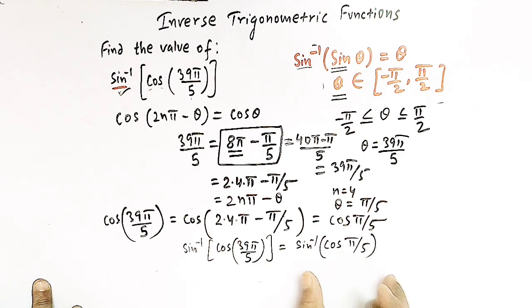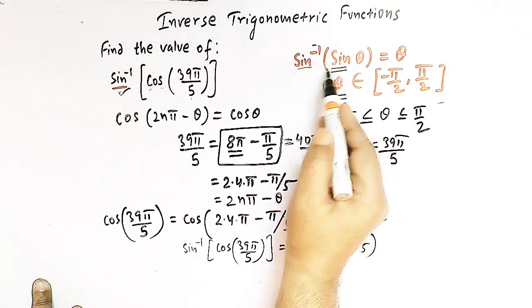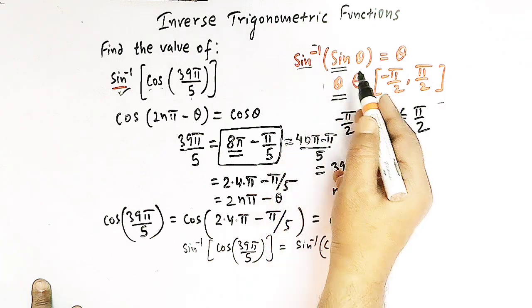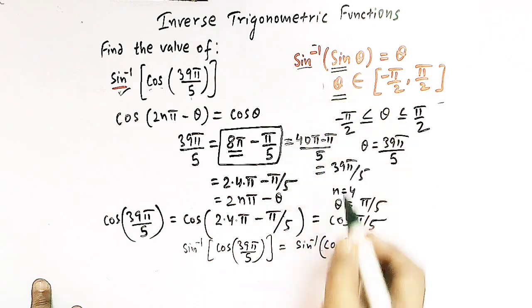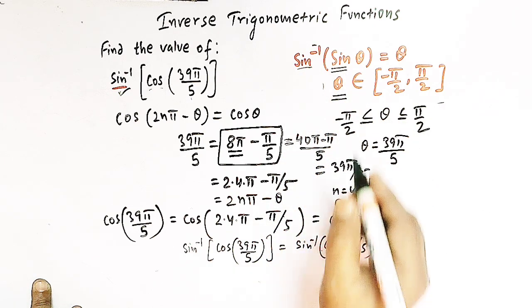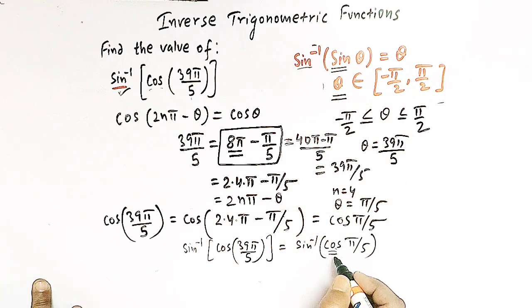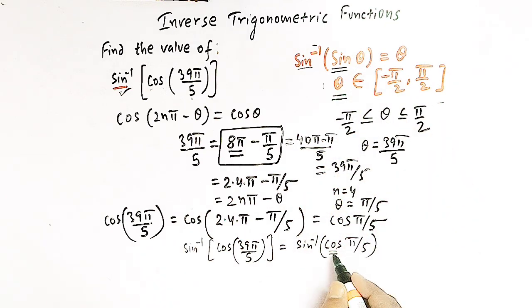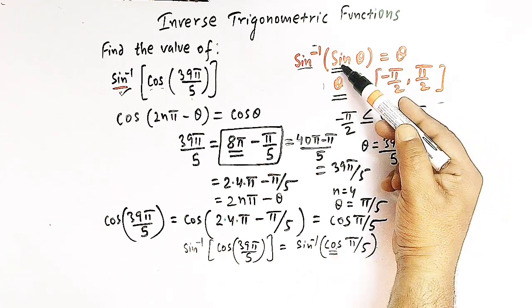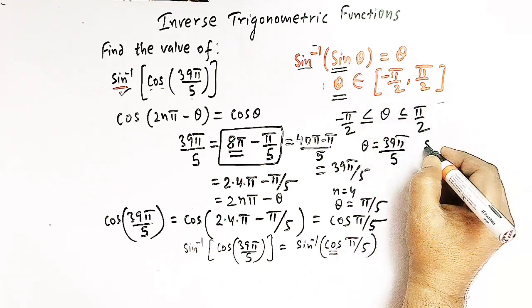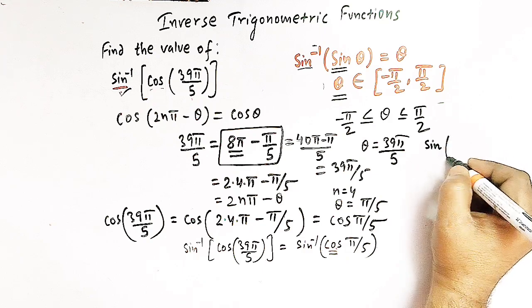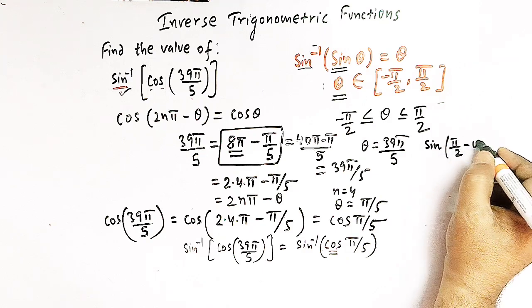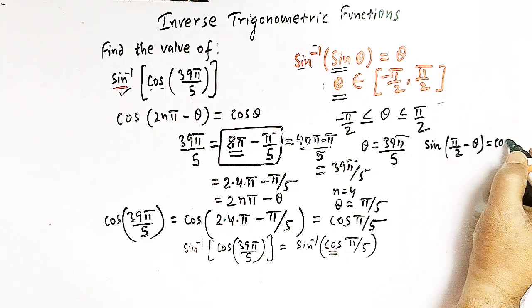So now if we compare this expression with this one, here we have sine inverse, and still we are having here the cosine function, and here we have the sine function. So our aim is to convert this cosine function into sine function, and here theta is pi over 5. So to convert this cosine function into sine function, we make use of this identity, that is sine pi by 2 minus theta is equal to cos theta.